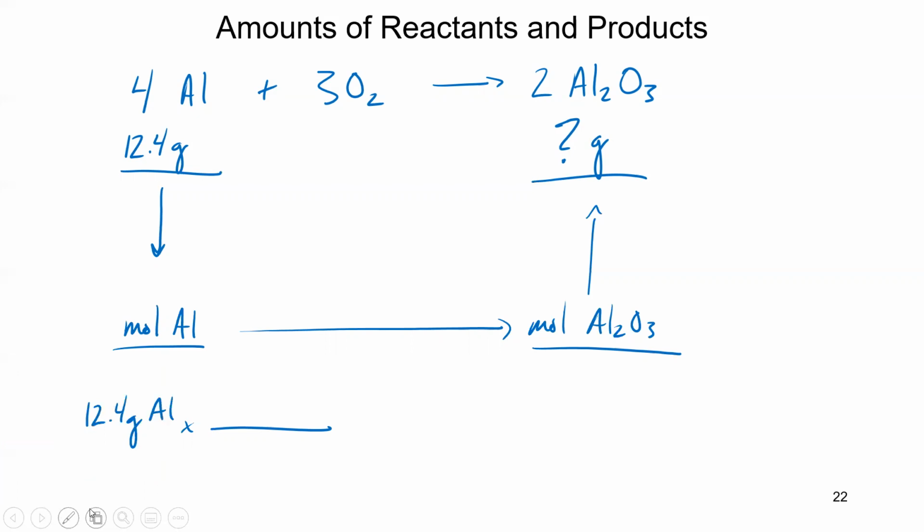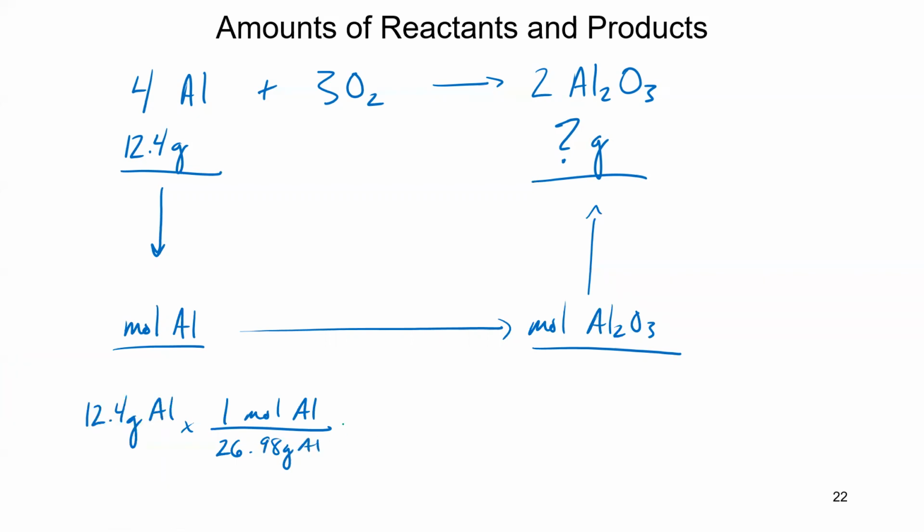Use the molar mass. Use the molar mass. And so 1 mole of aluminum, if we look on the periodic table, 26.97, I don't remember exactly, 26.98 grams of aluminum in a mole, right?